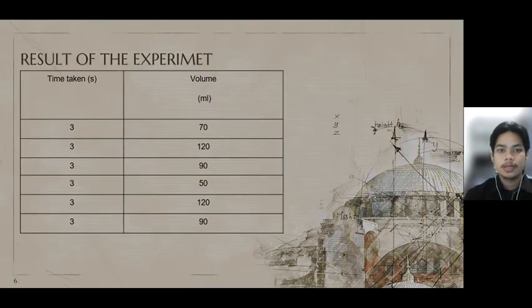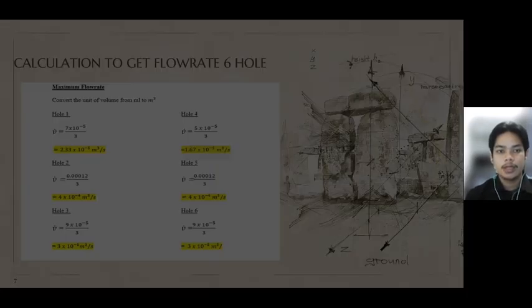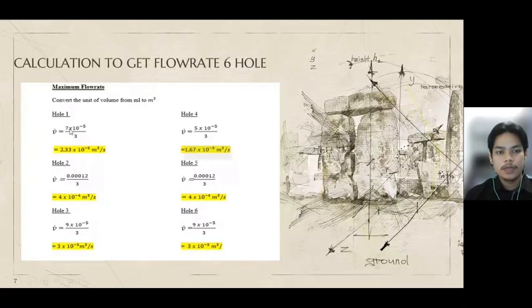Okay, to get the maximum flow rate, we use the formula V dot equals V over time. For the V, the volume of the jug, we convert to meter cube.